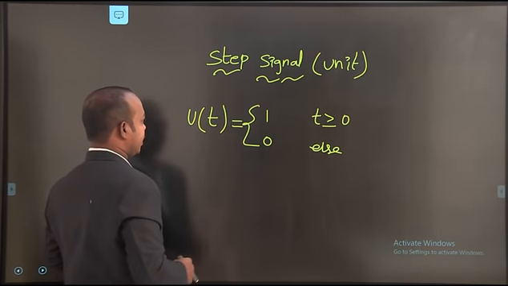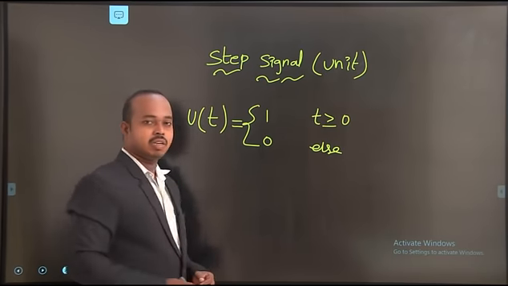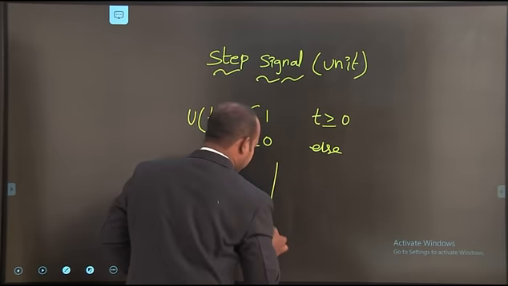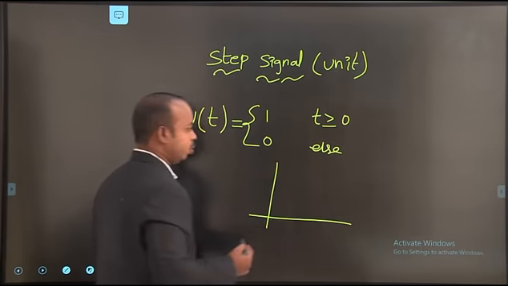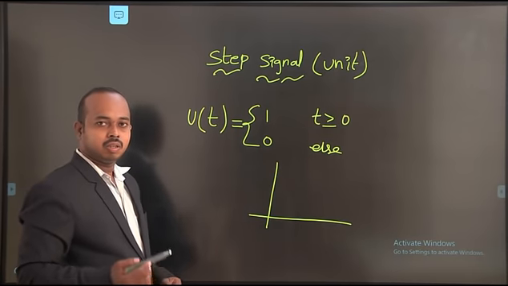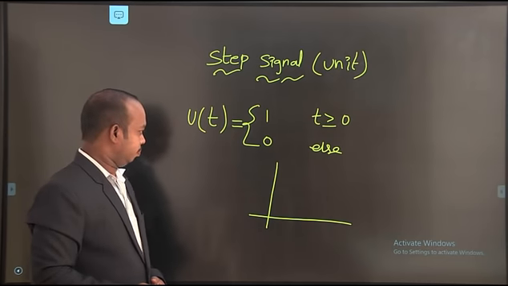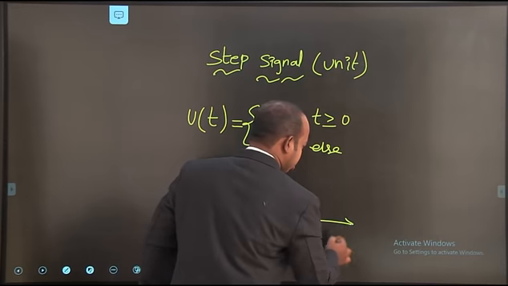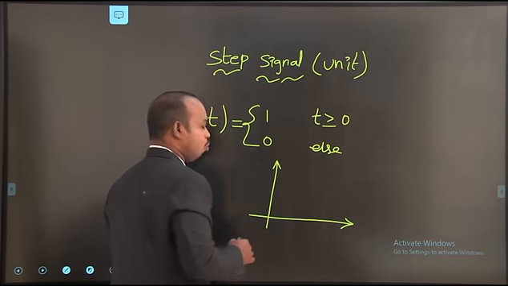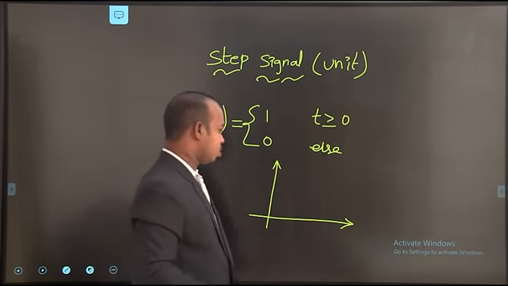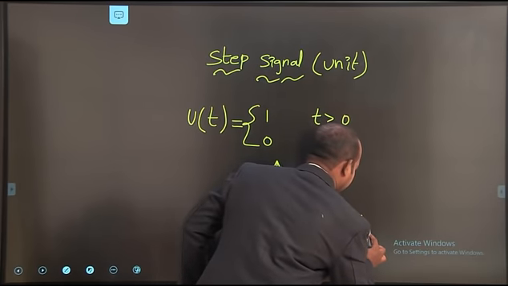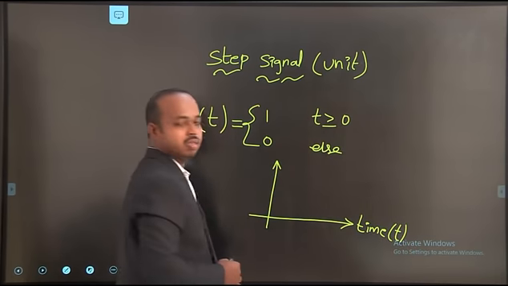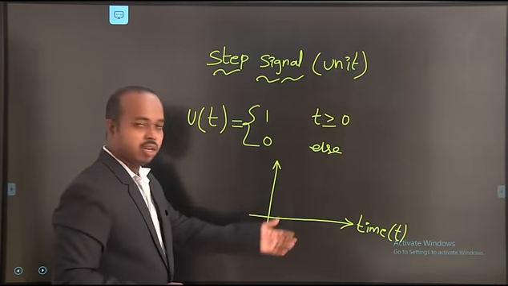Now what is the graphical representation of the step signal? Already you know how to represent a signal in two dimensions. On the horizontal axis, we consider the time parameter, whose notation for a continuous time signal is small t.